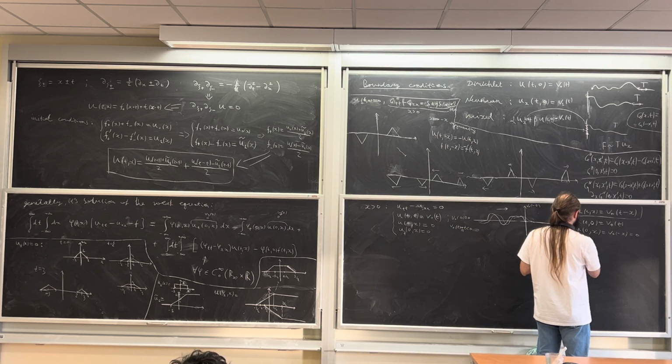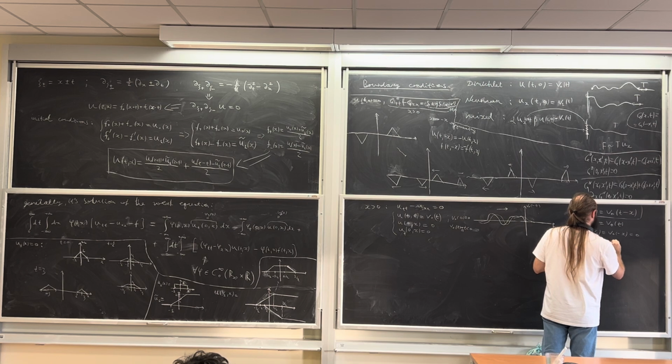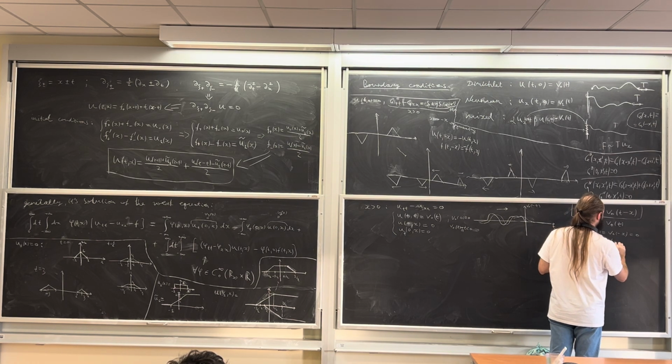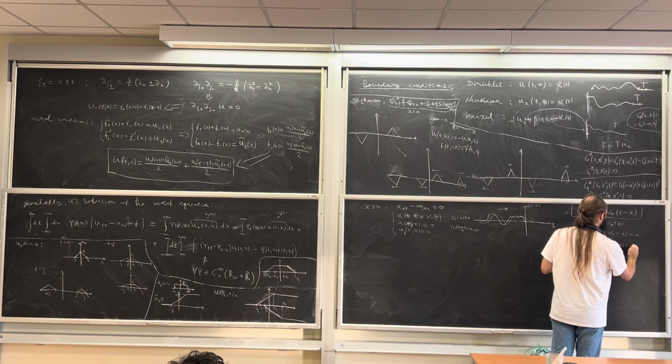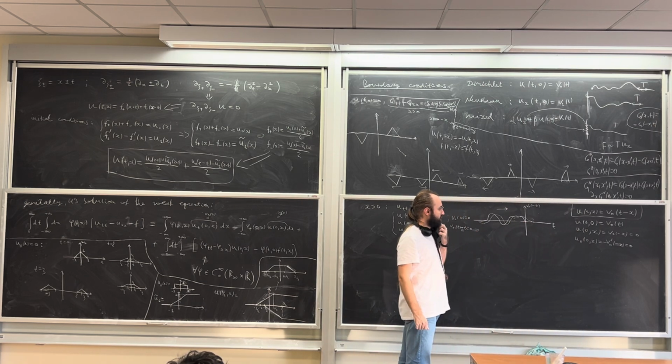Also u_t of 0 and x is v0 prime of minus x, which is also 0. So it is simple.